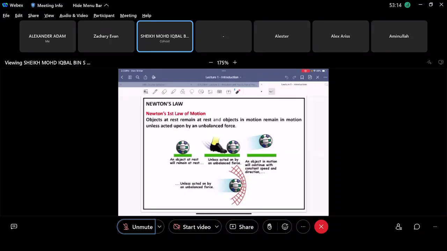But when you apply a force to it, like kicking it to the left, it will move, and it will keep on moving unless there's an external force acting on it, like the net here. When there's an external force acting on the ball, the ball will remain static again. So that's Newton's first law of motion.